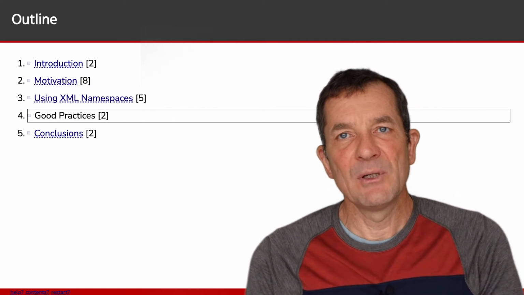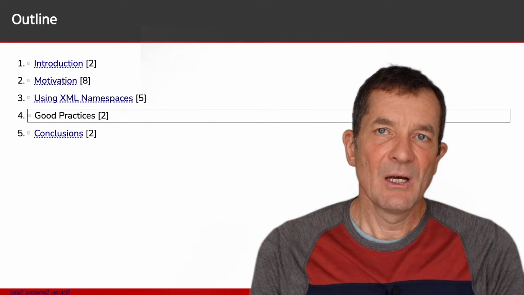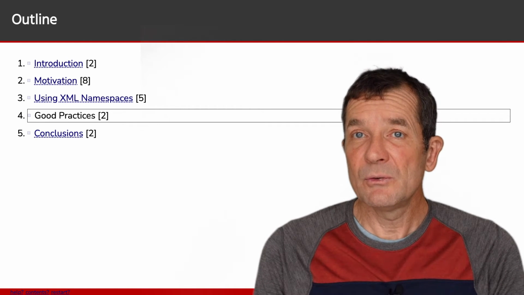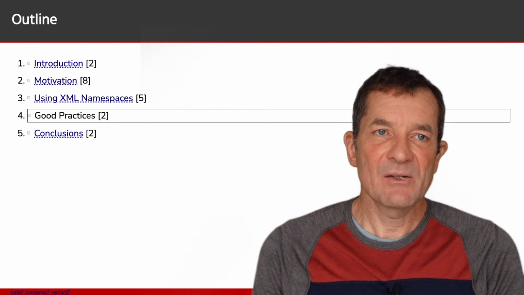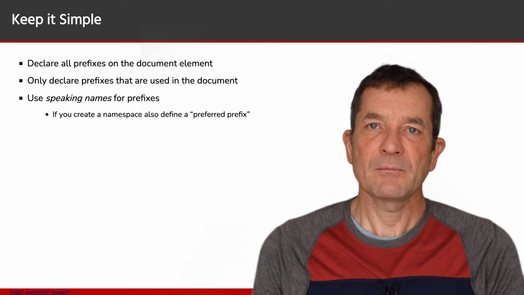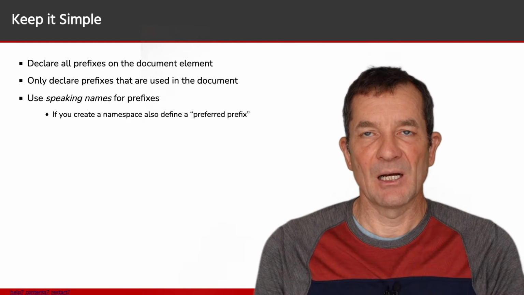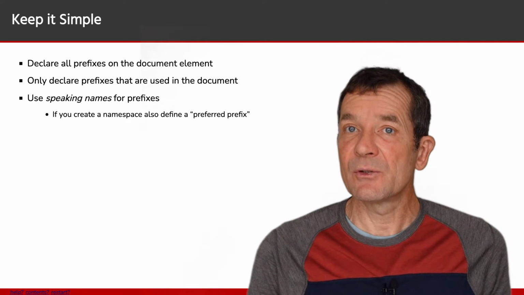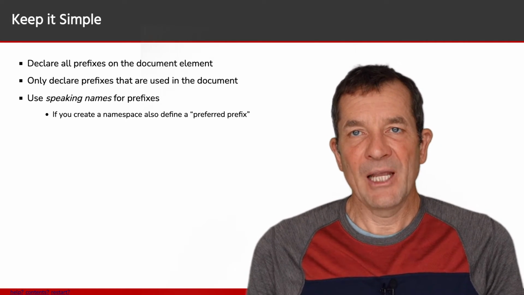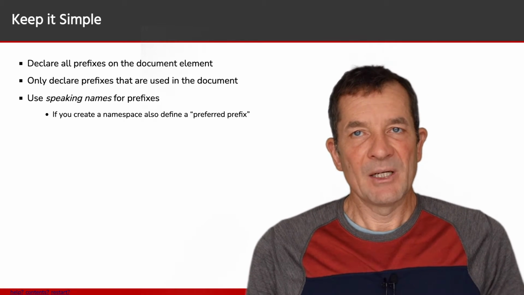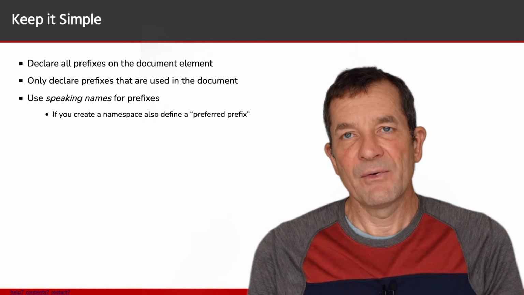And let's wrap it up with a few good practices of what you should and shouldn't do with XML namespaces, in particular when you are writing XML documents and producing them for others to consume. Ideally you should declare all namespaces on the document element, the first element of your document.